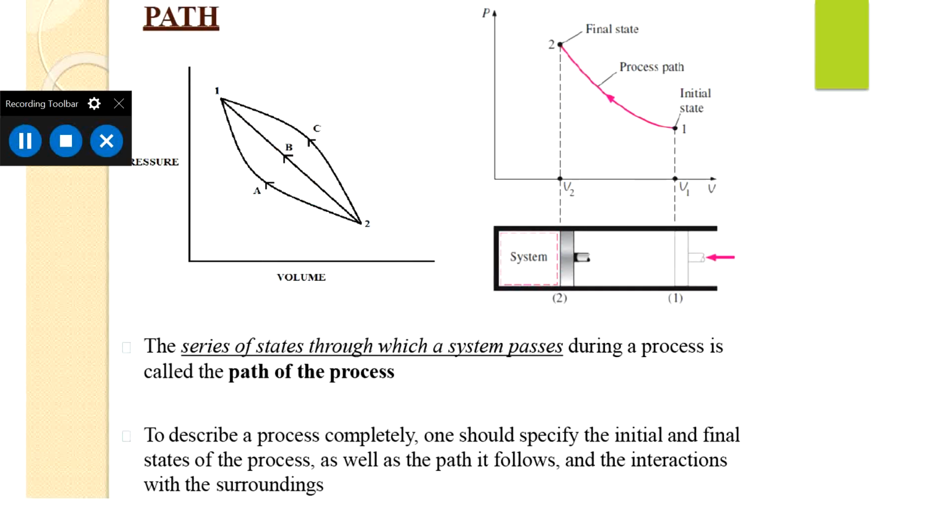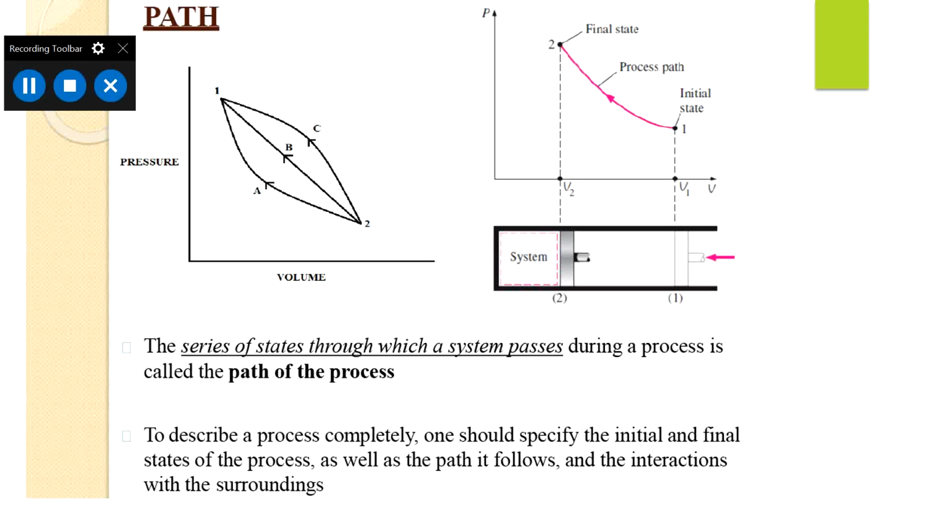So the next very important term is path. I already said that if a system changes from state 2 to state 1, we can draw so many paths.